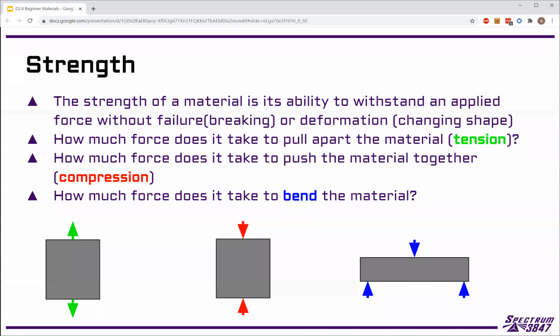You should have some intuition on this. You've opened different things and used things in your life. You know, in general, something made of steel or another metal is going to be stronger than something made of most types of plastic.